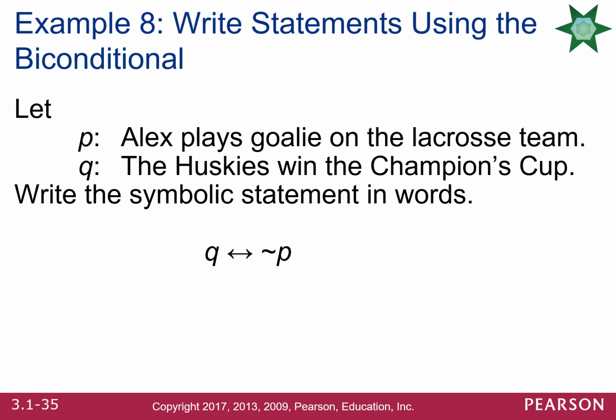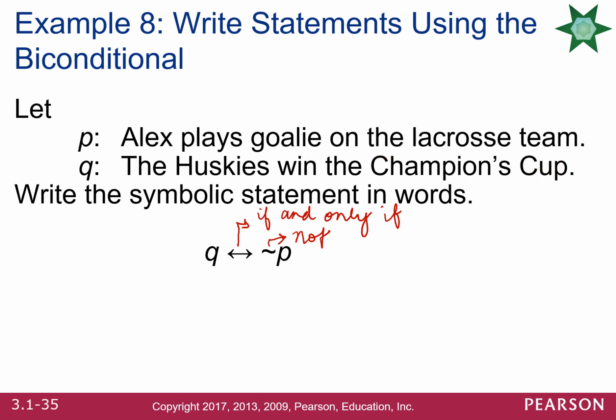All right, so the two directional arrow reads if and only if. That's the biconditional part of it. If and only if, and we have the negation of P, which is not. So how would this read? It would say Q is first. So the Huskies win the Champions Cup if and only if Alex does not play goalie on the lacrosse team.